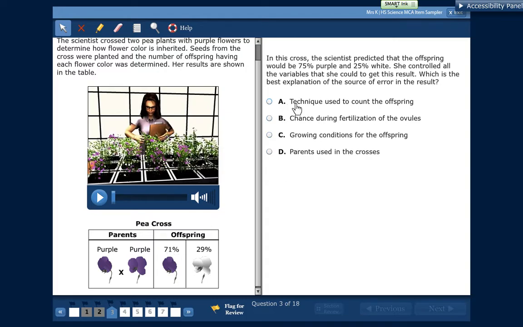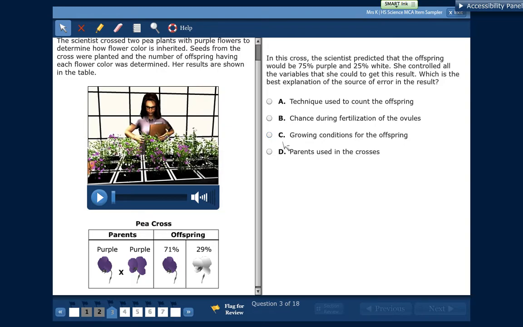Was it her technique used to count the offspring? Probably not, because it's easy to count. Was it chance during fertilization of the ovules? Remember, ovules are the egg cells, and plants have those, and chance is the key word here. We'll come back to that one. The growing conditions for the offspring, well, hopefully she controlled for all of that, and they all had the same amount of light, the same amount of water.